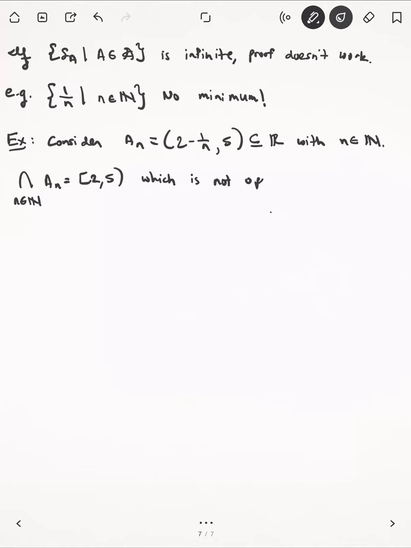So this is just an example showing how if you have an infinite set of open intervals or open sets, and you take the intersection over them all, you might not end up with an open set.